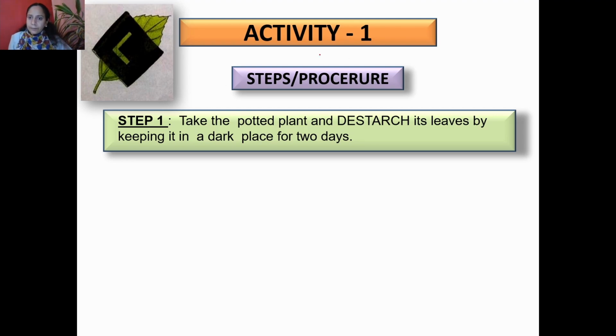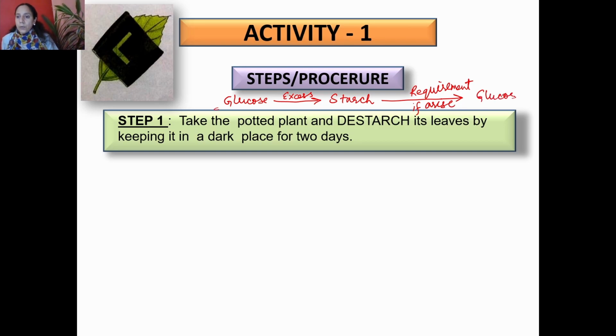Like we have glucose. Glucose is getting converted into starch when not required, if it's in excess. If excess glucose is there, it will be converted into starch. If a requirement arises, then it will again convert into glucose.